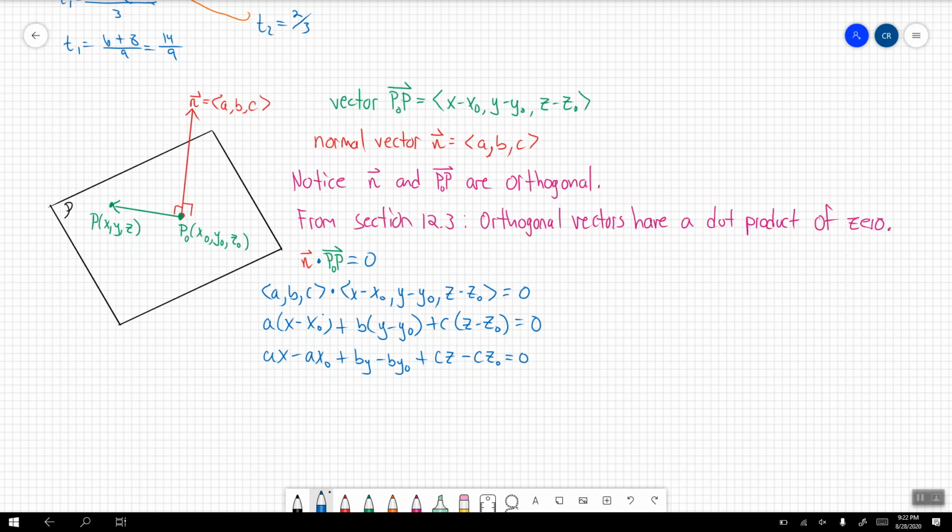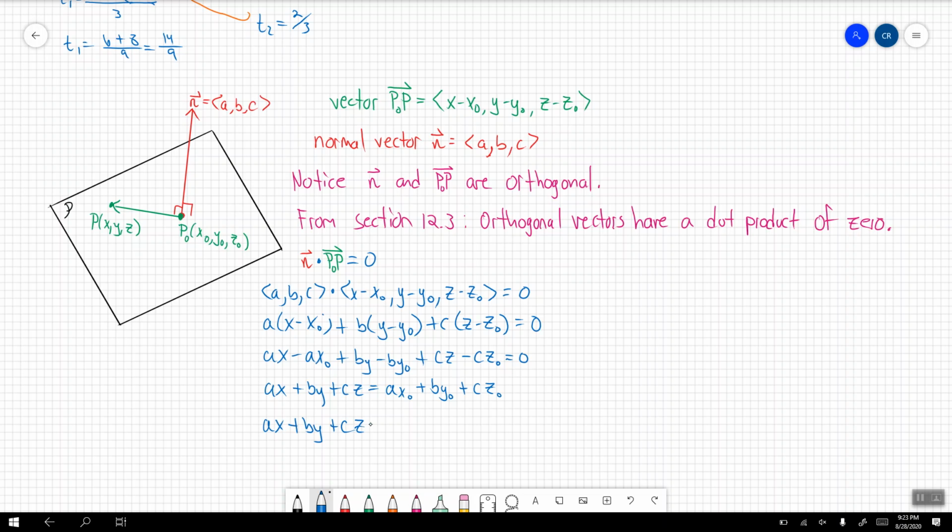If they have coefficients, then that's great. I have ax plus by plus cz is equal to a times x naught plus b times y naught plus c times z naught. Check that out. Oh man, this is awesome.